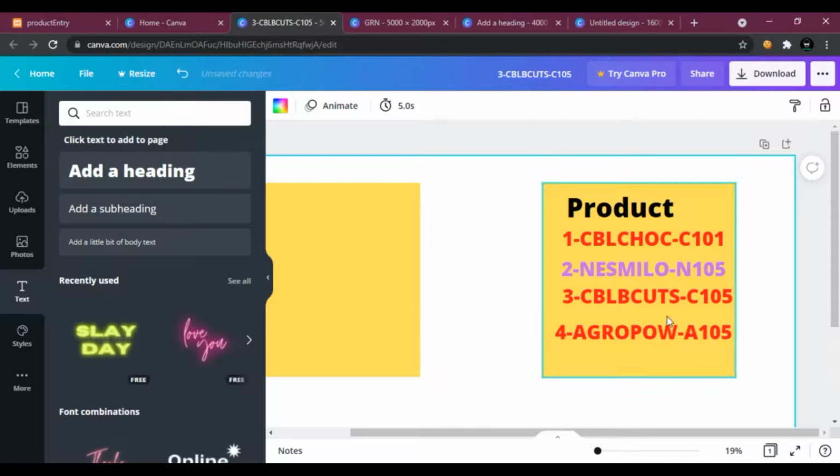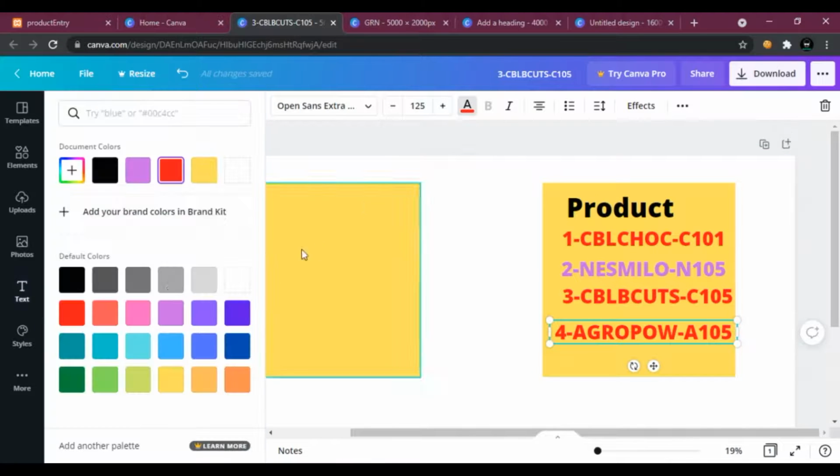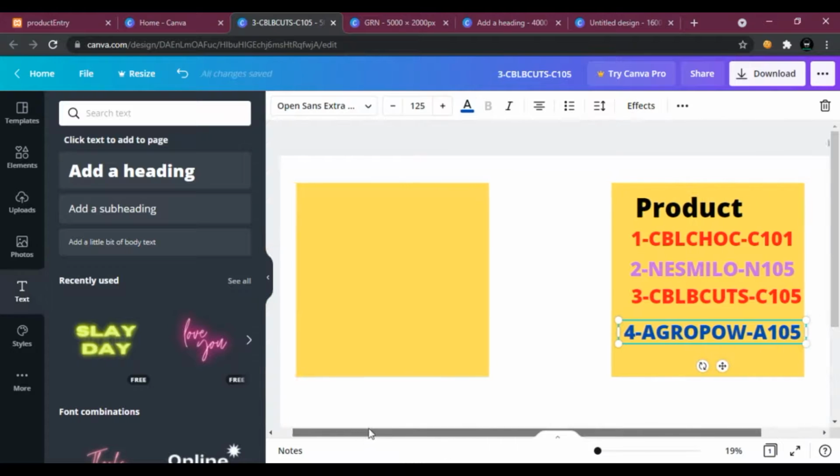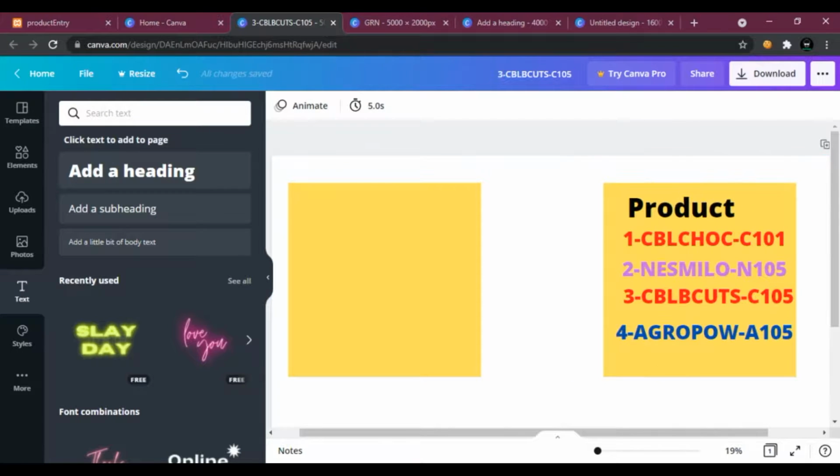I want to change the color so we can understand the concept more. There are 4 products in our product table.